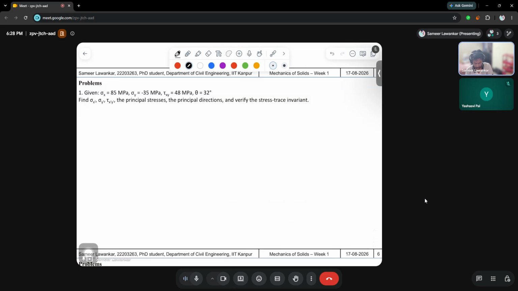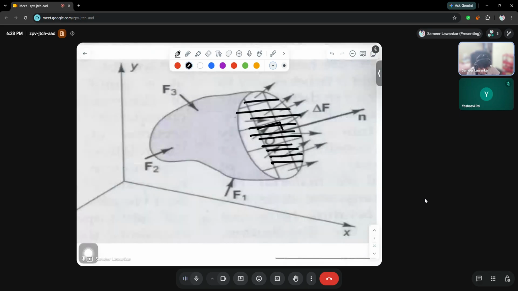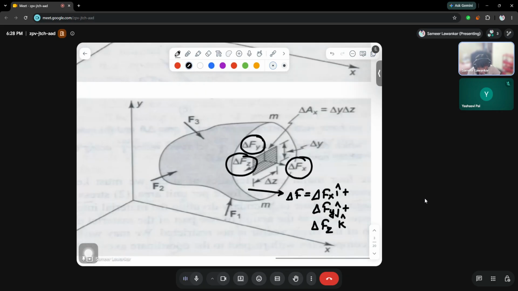For example, in the previous diagram, we cut a particular section and understood it in this form, but the stresses were resolved in only three directions: delta fx, delta fy, and delta fz. There are several other ways in which the resolution of vectors can happen, and that is the turning point at which we define more terminology to understand mechanics of solids much more clearly.